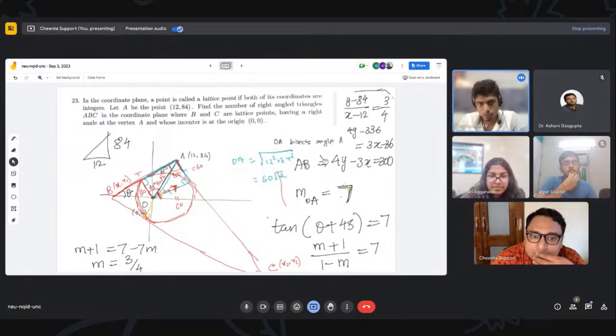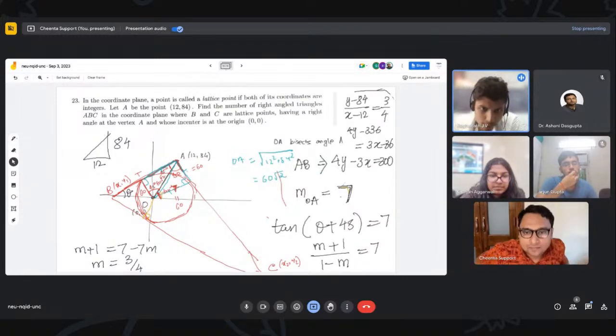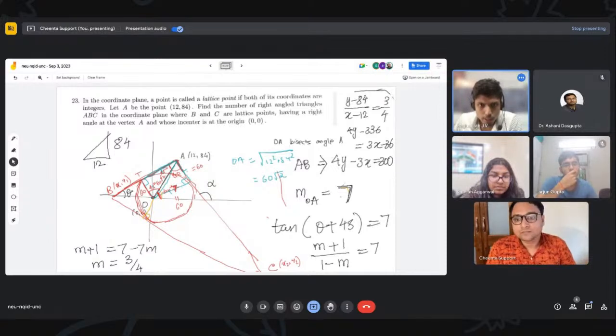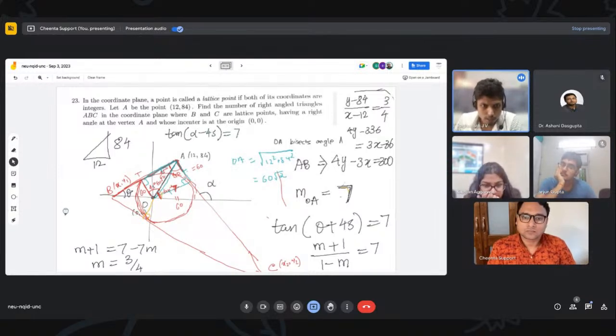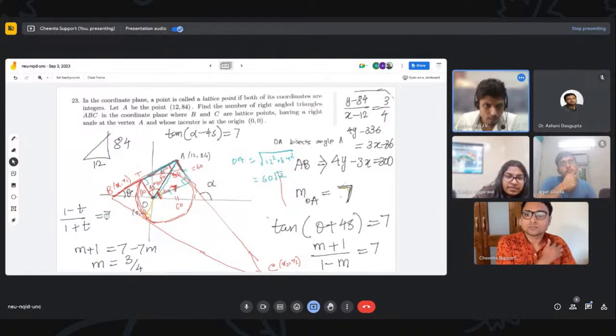Similarly, let's find the equation that corresponds to AC. If it makes alpha, then tan of alpha minus 45 is 7. So 1 minus t by 1 plus t is equal to 7.